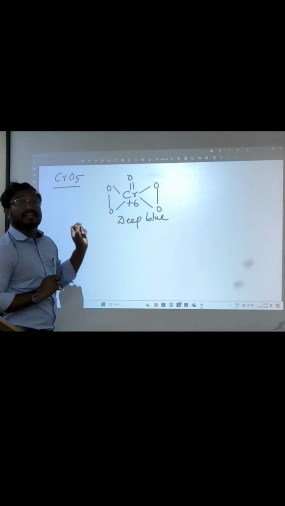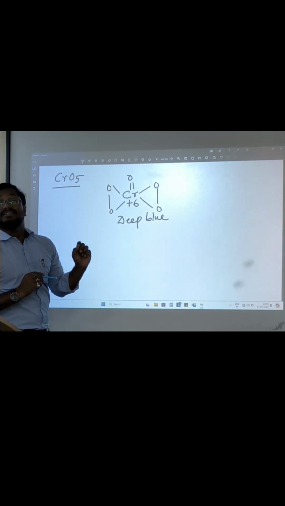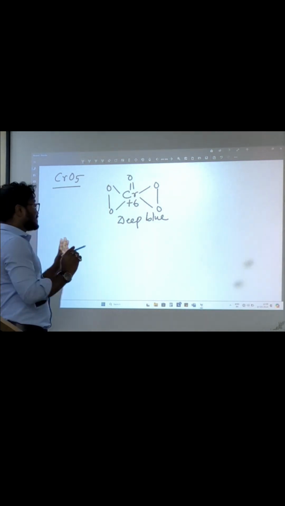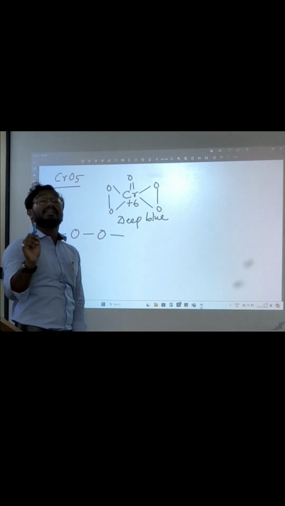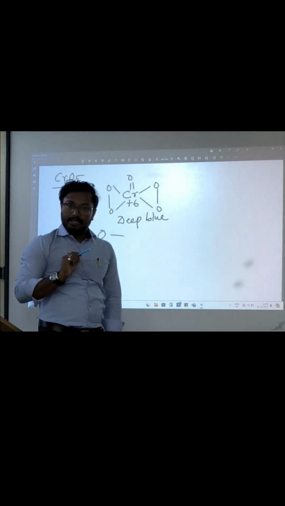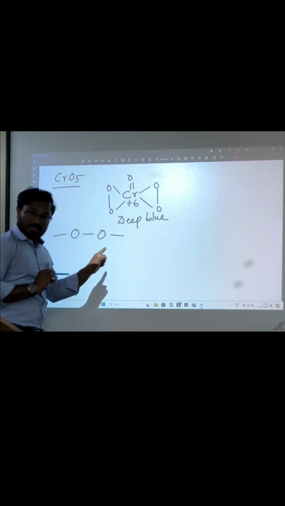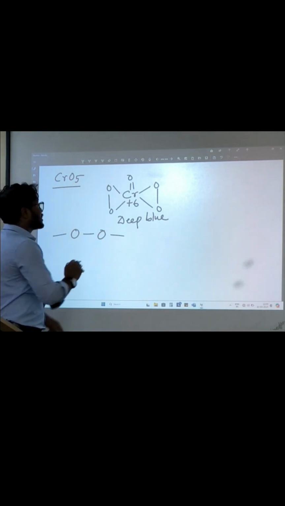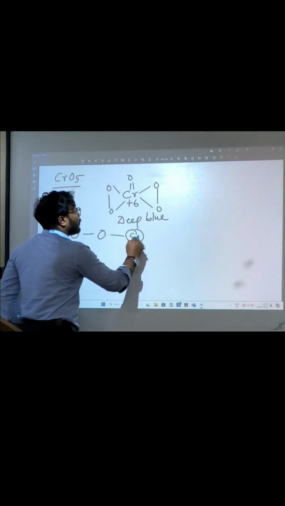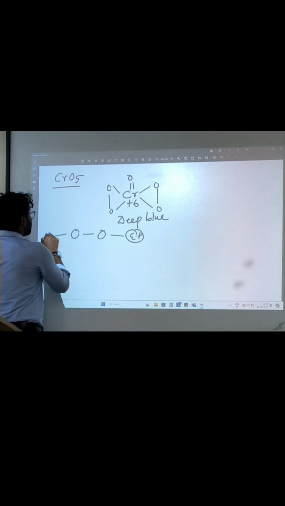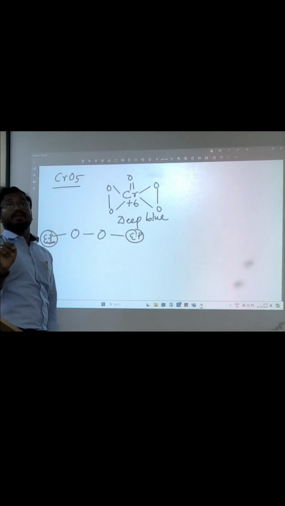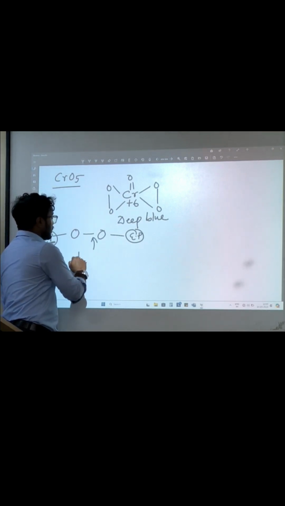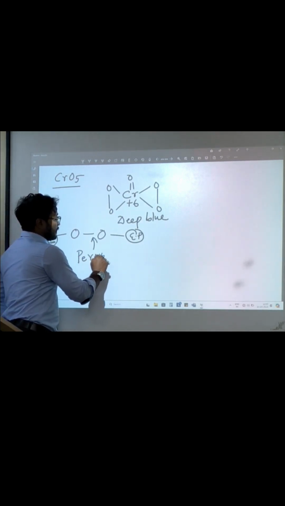Here oxygen connected with oxygen by a single bond means it is a peroxy bond. We consider oxygen single bond oxygen as a peroxy bond, but it is not completely correct. If oxygen is connected with oxygen and that part is connected with an electropositive element, and this side also an electropositive element is there, then only we consider that this bond is a peroxy bond.